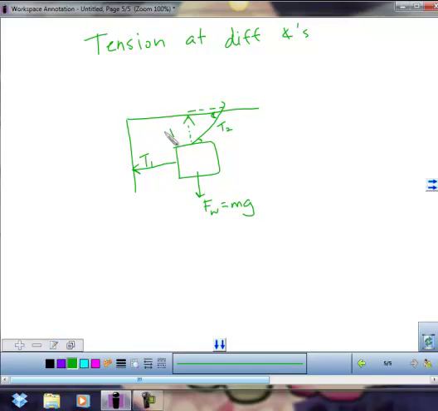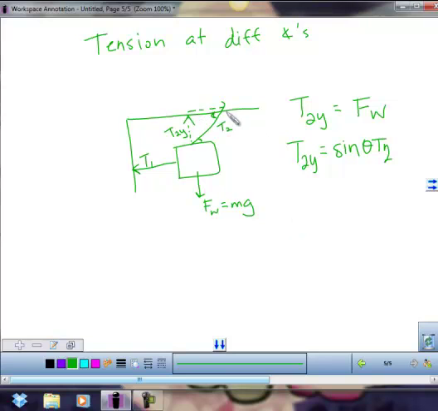So let's call this T2y, and T2y is going to be equal to the force of weight. Now, because it is a component of T2, then it also can be found by using the sine of theta times the tension of 2.